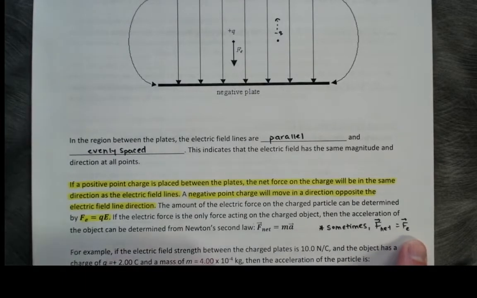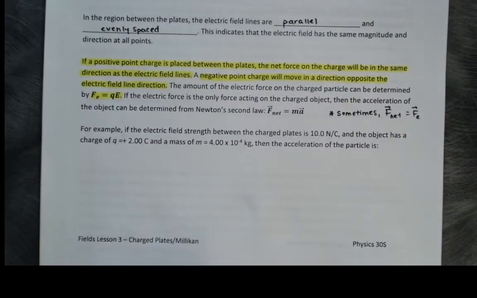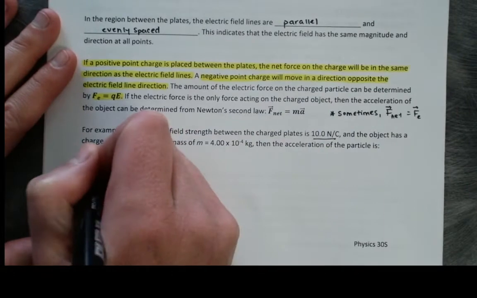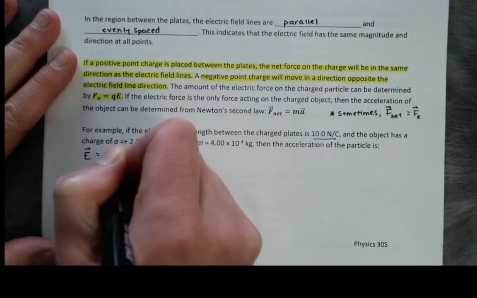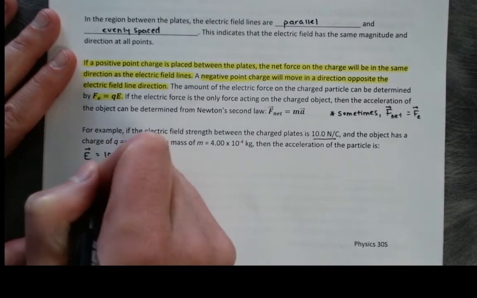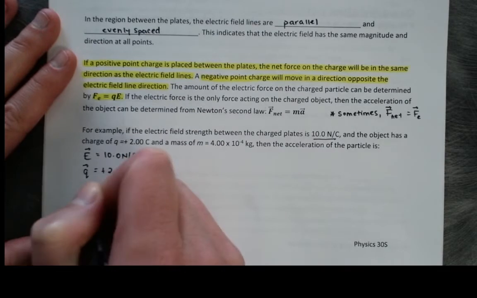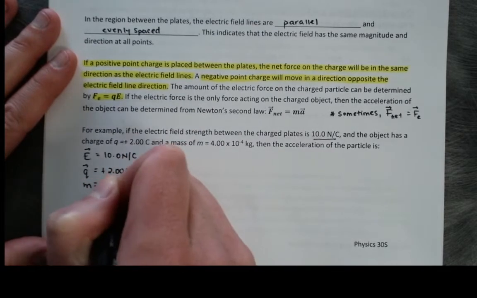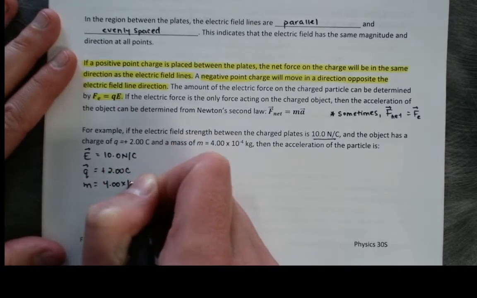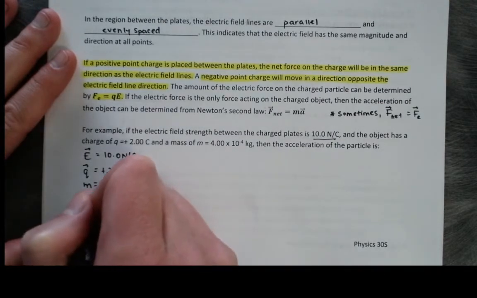Okay? So let's look at an example of this. If the electric field strength between the plates is 10 newtons per coulomb, so that's E, and the object has a charge of plus 2 coulombs and a mass of 4 times 10 to the negative 4 kilograms, we can find the acceleration.